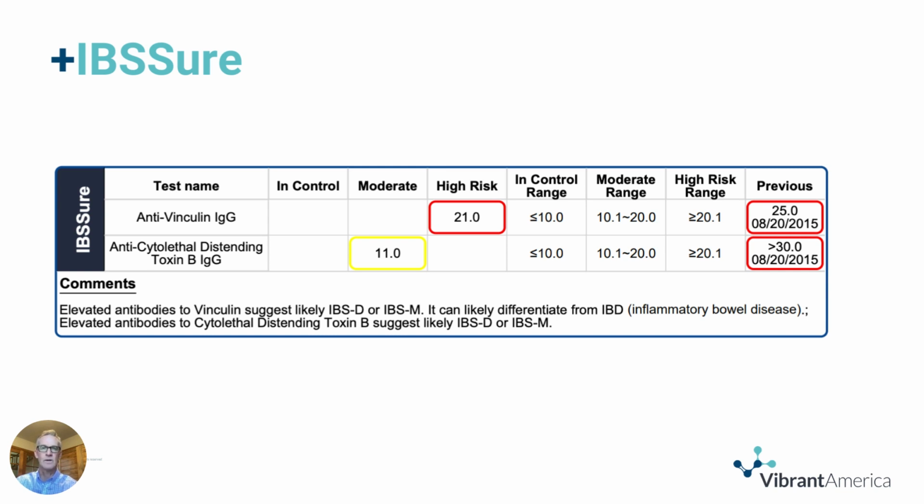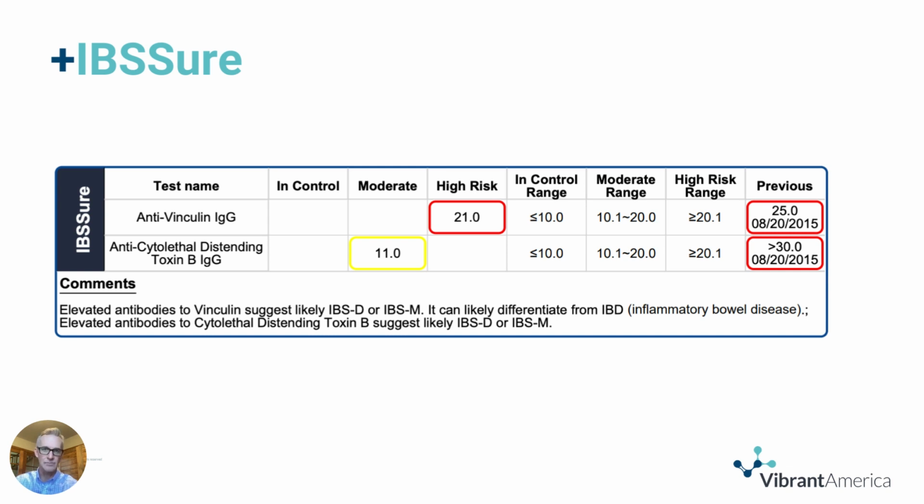And then when we are exposed to those, we release that antibody to it. So we can pick that up whether you have had a recent GI infection, if you've had a recent gastroenteritis, essentially. So there's that part of it. But what happens when we release antibodies to anti-cytolethal distending toxin, we might also end up creating antibodies to vinculin.